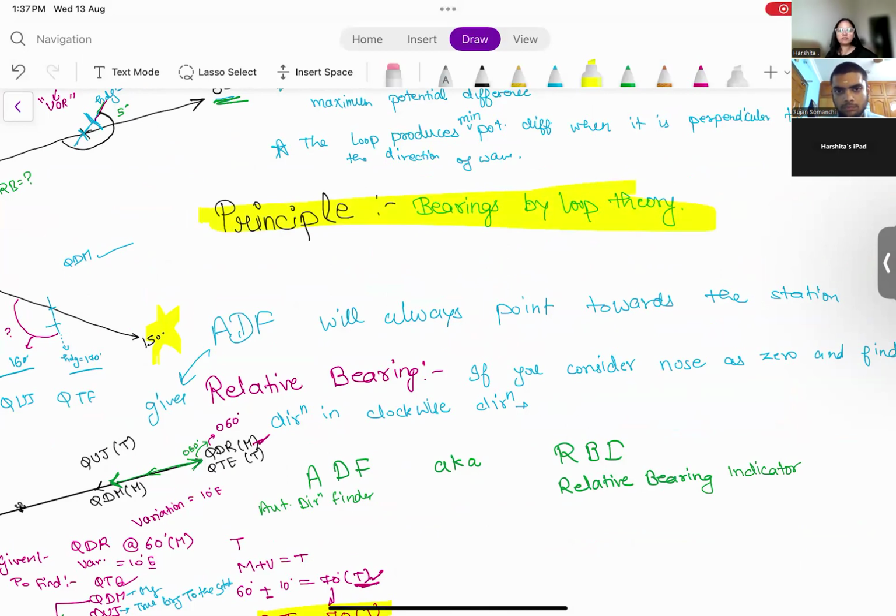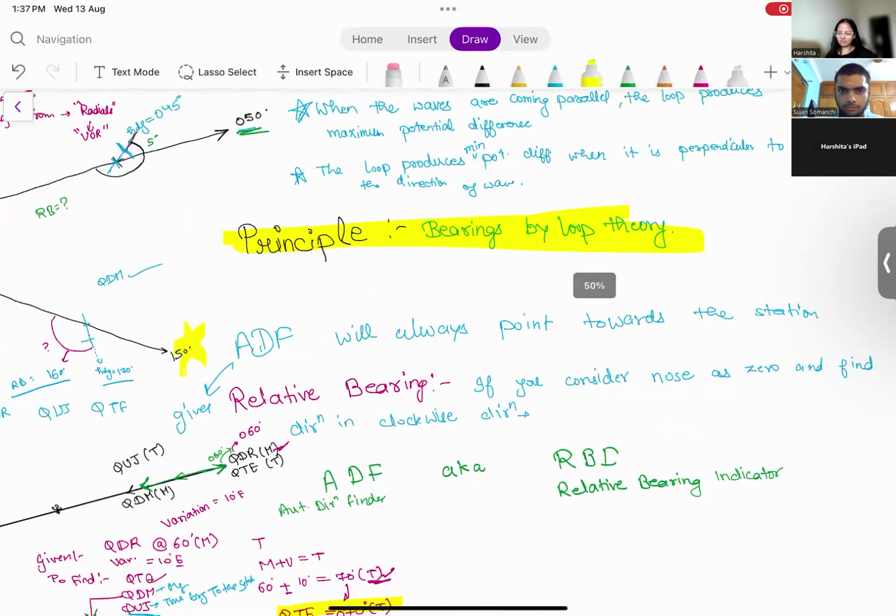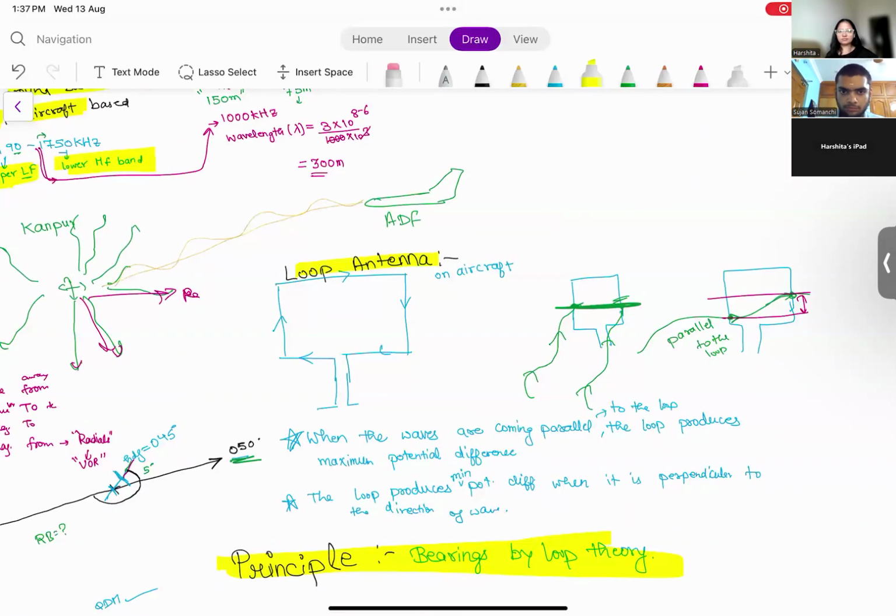This is the principle of NDB. It provides you bearings with the help of loop theory. What is loop? We have seen that. What is loop NDB? Correct? Yes. Tomorrow we will proceed further from here. Keep revising your met till then.